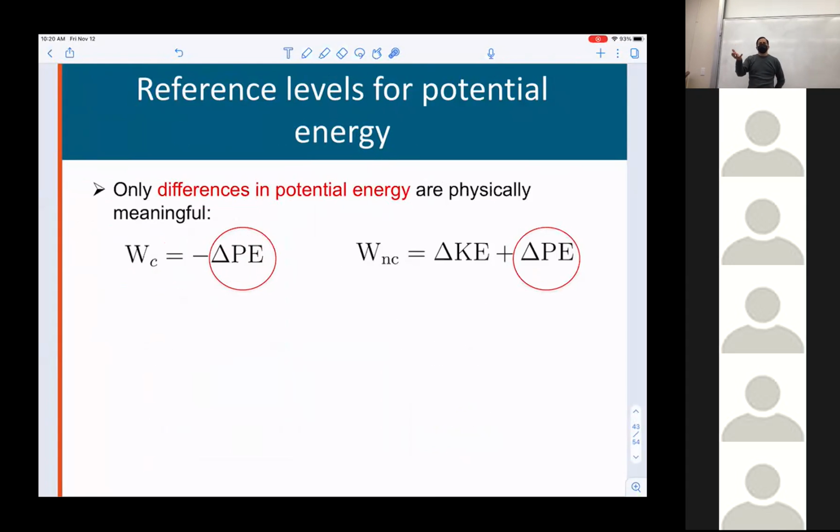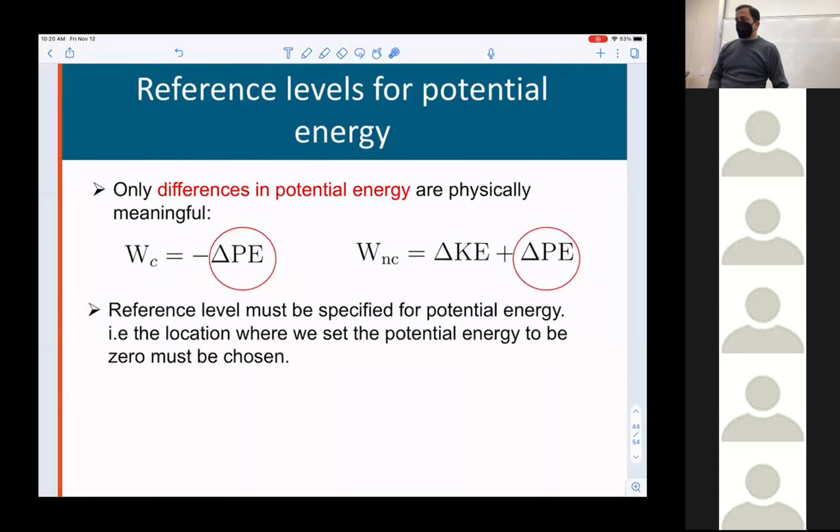And so if an object has changed its height by some amount, then the change in the potential energy will be the mgy final minus the mgy initial. That height difference, it doesn't matter where you're calling y equaling zero. It's just whatever height it moved, right? And so therefore what appears is always the difference in the potential energy in all these equations. So therefore your physics is invariant depending on where you call your y equaling zero.